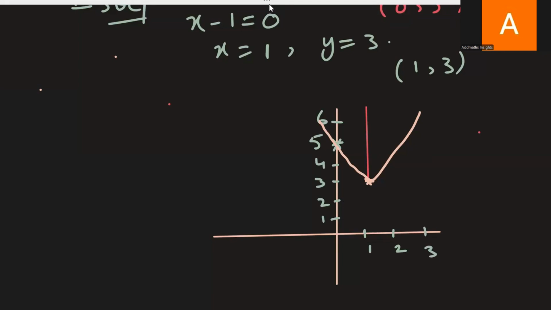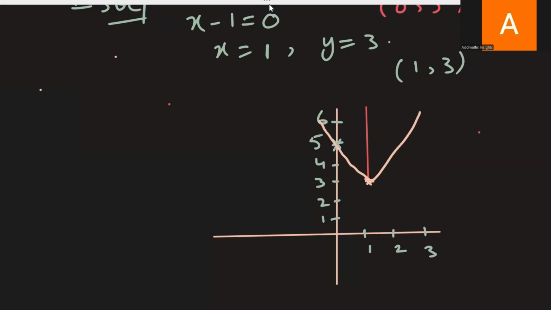This is how you can sketch quadratics when factorization is possible and when it is not possible. When factorization is not possible, you express it in the form a into x minus b whole squared plus c, and then you find the y-intercept and the turning point.